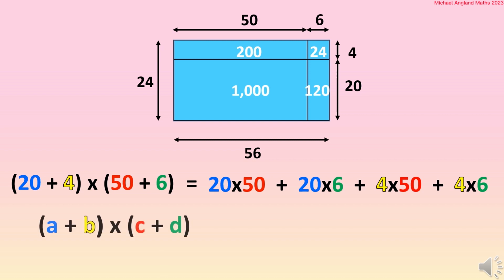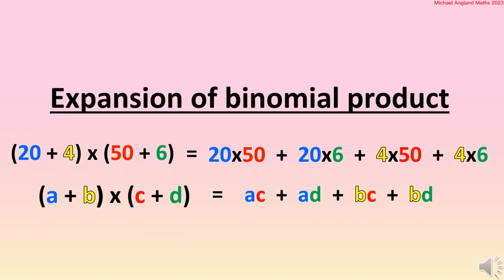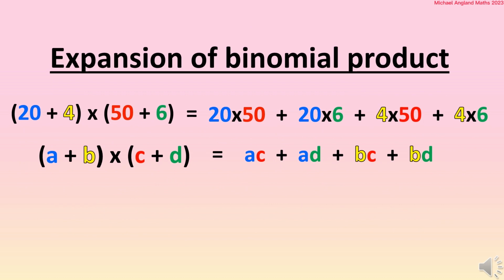More generally, we have (a plus b) times (c plus d), which expands to a times c plus a times d plus b times c plus b times d. This could be thought of as an expansion of a binomial product. So we have a bracket with two terms multiplying another bracket with two terms in it.